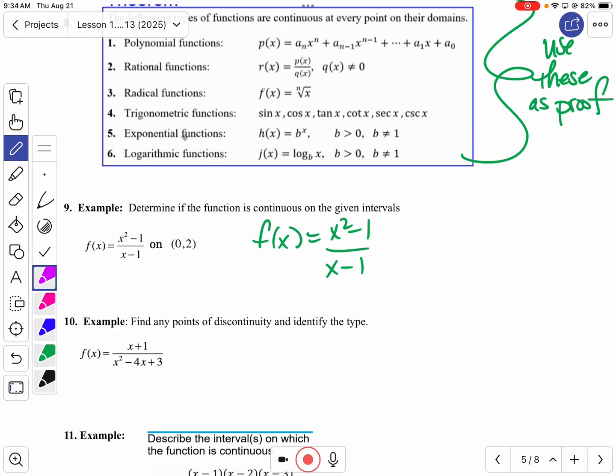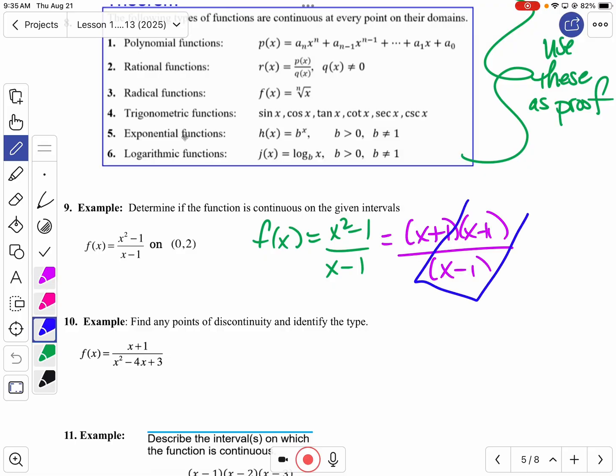What would x squared minus 1 factor into? x plus 1, x minus 1. On the bottom, I would still have x minus 1. What happens in a function that shares a factor in the numerator and denominator? There is a hole, okay? Where does this hole happen to occur? At x equals 1. There is a hole at x equals 1.